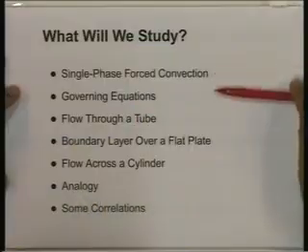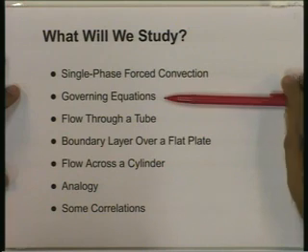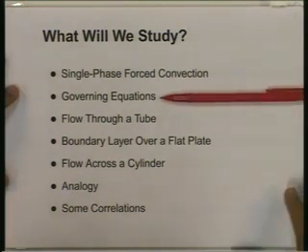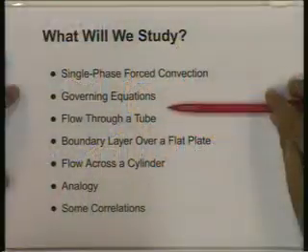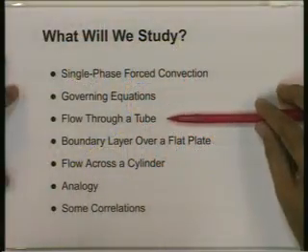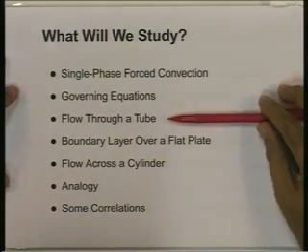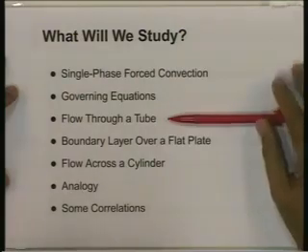After some initial discussion, we will look at some basic governing equations for forced convection. We will look at their rather simplified forms, because in the general case the governing equations of forced convection tend to be very complicated. Then we will look at three typical very common situations. One is flow through a tube, essentially a case of internal flow.